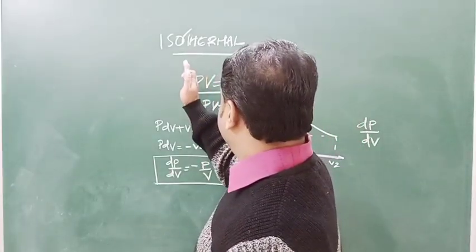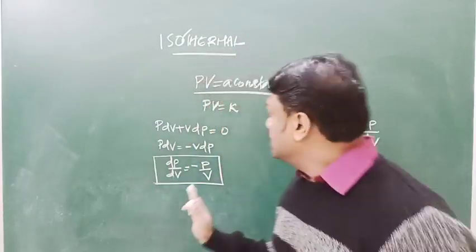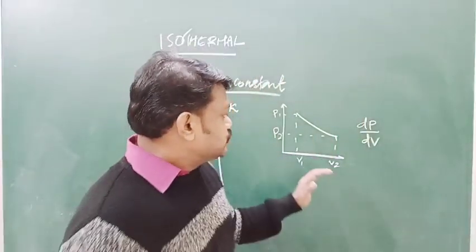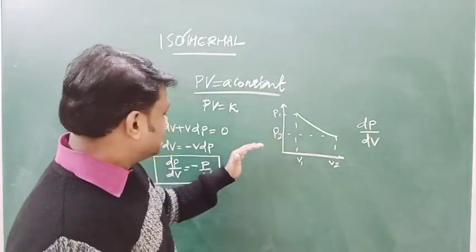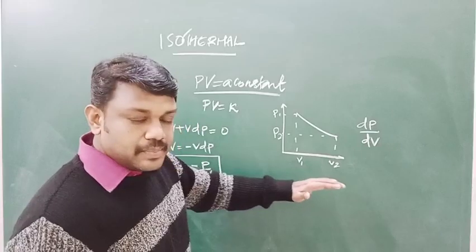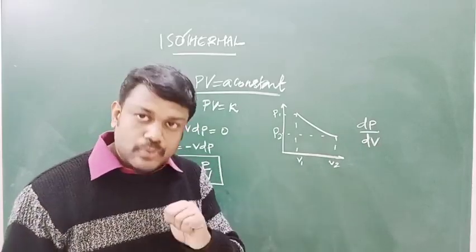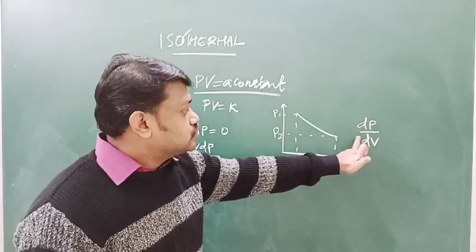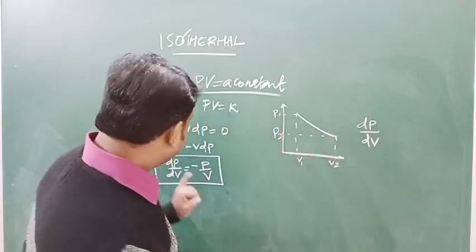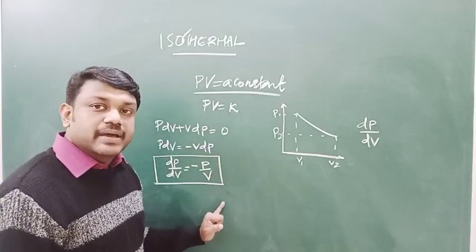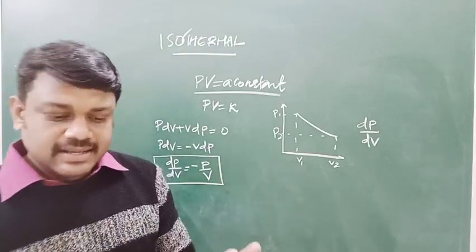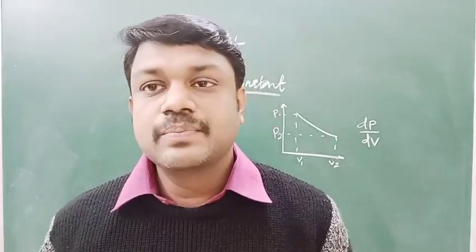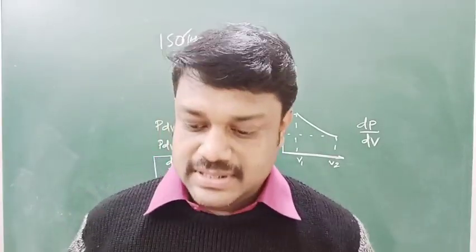It is characterized by the equation PV equal to a constant, that is PV is equal to K. The PV diagram for the isothermal process is like this. The slope of the curve is dP by dV, and it is found to be minus P by V. So that is the isothermal process. Now we can move on to adiabatic process.